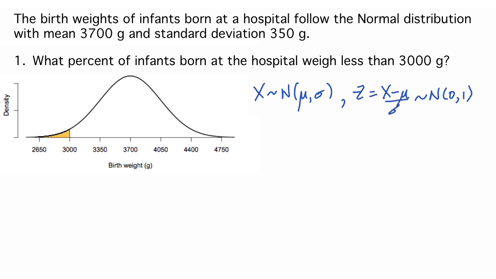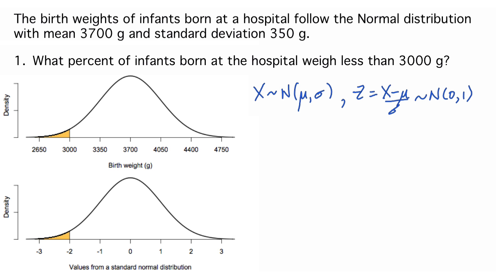The probability that X is less than 3,000 corresponds to this area under a standard normal distribution density function. On this standard normal density, we've shaded the area to the left of -2. And to confirm that that's the right value, the probability that X is less than 3,000 is the same as the probability that Z, a standard normal random variable, is less than 3,000 minus the mean, 3,700, divided by 350.